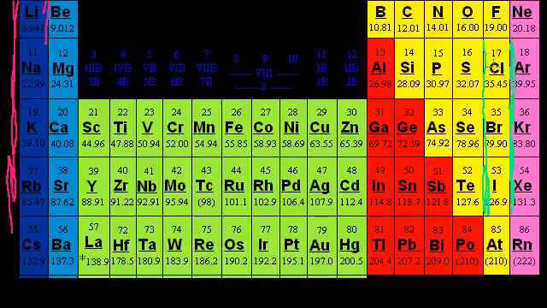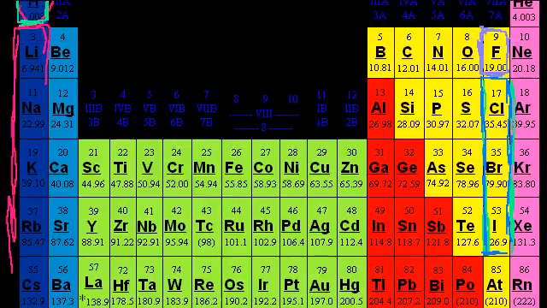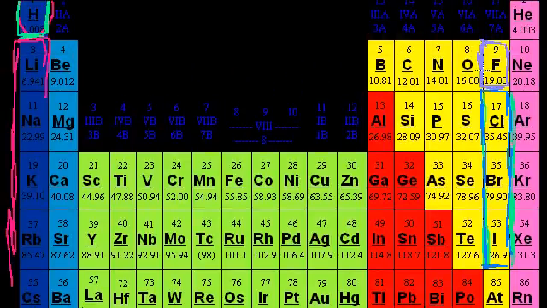Now, hydrochloric acid, hydrobromic acid, and hydroiodic acid, I think I'm saying it right, are all strong acids, which means they dissociate completely in water. But when hydrogen bonds with fluorine, it doesn't dissociate completely in water. It turns out the reason is that fluorine is even more electronegative.